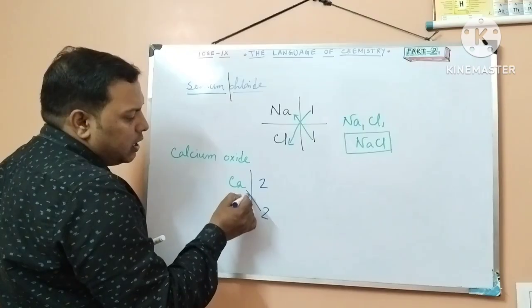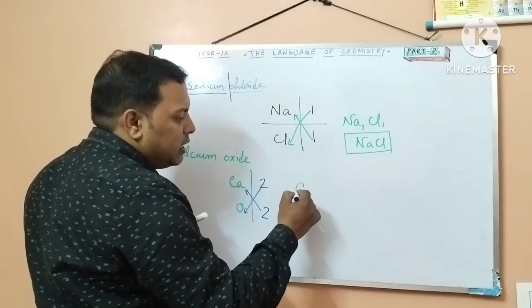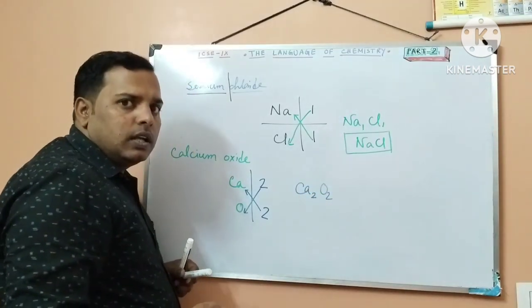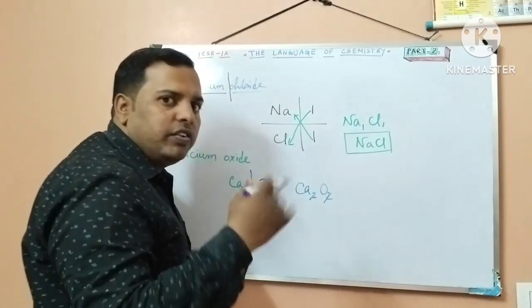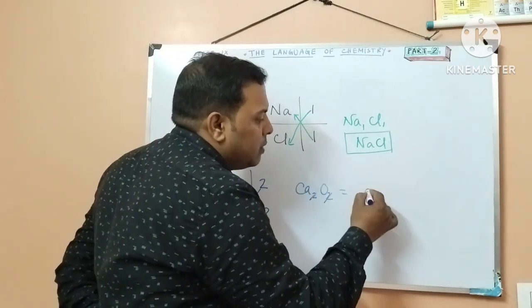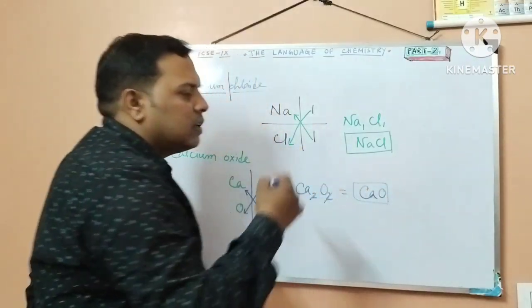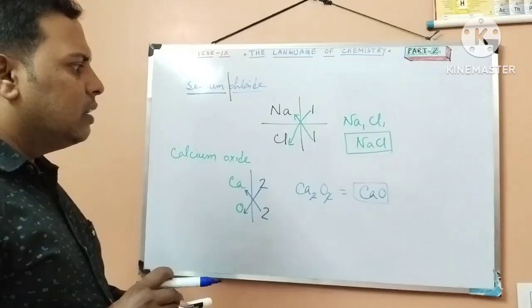These 2 will go there and these 2 will come there. So what am I getting? Ca2, O also 2. I told you that when both are the same, we will not write them. That will be cut. So what is the formula coming? CaO. That means calcium oxide is CaO.